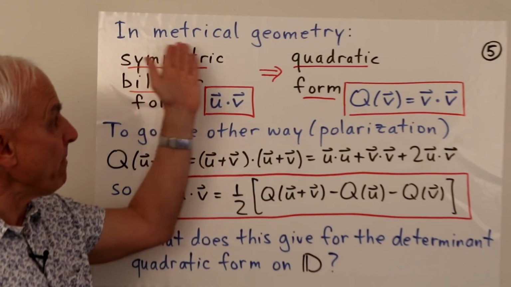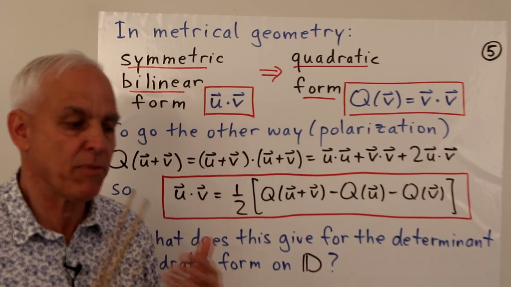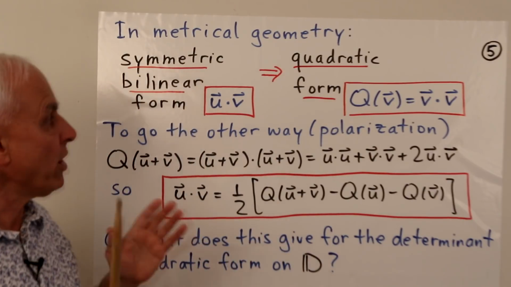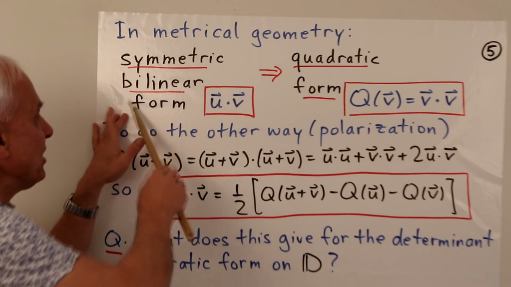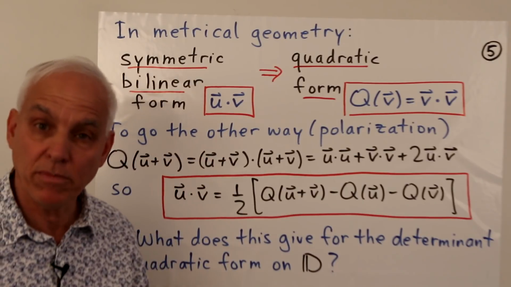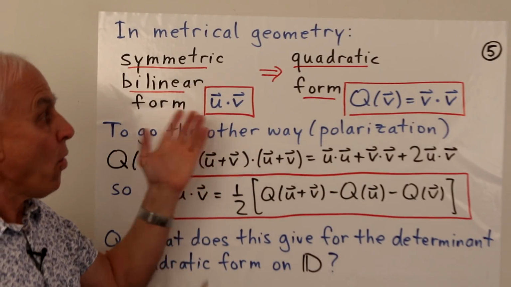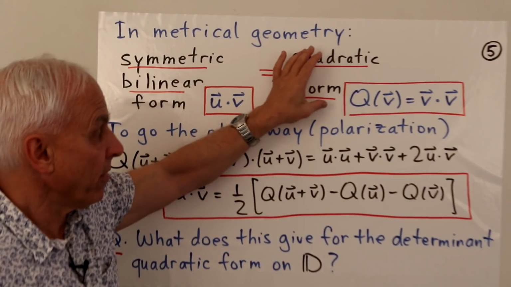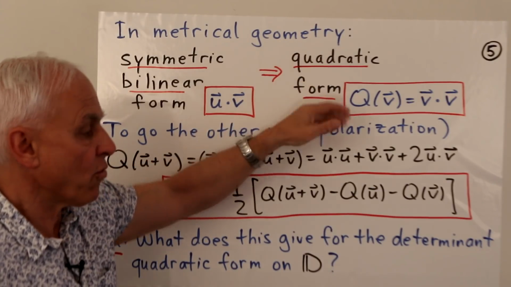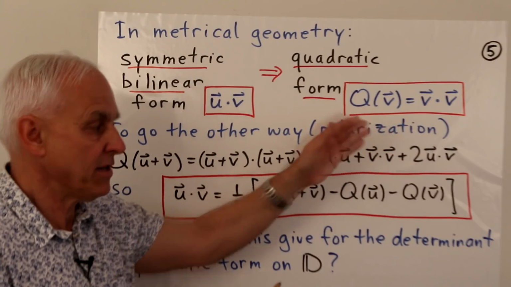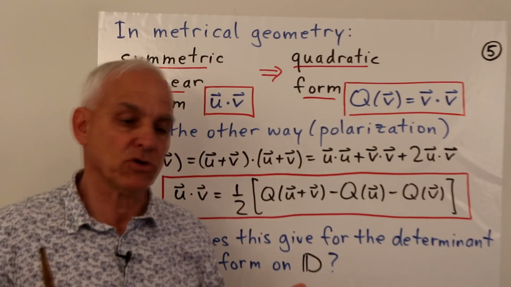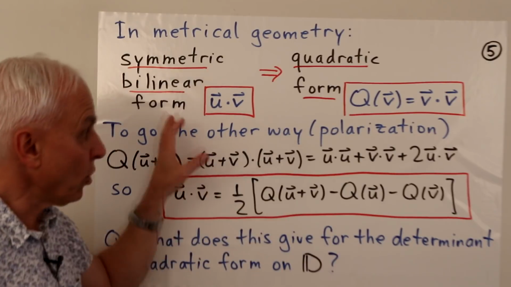So if you have a metrical geometry, which is typically described in one of 2 ways, either by the idea of a symmetric bilinear form, sometimes called a dot product, or by a quadratic form, which is a quadratic function. Okay, so these are 2 different ways of thinking about metrical geometry, and it's well known that they're closely connected.